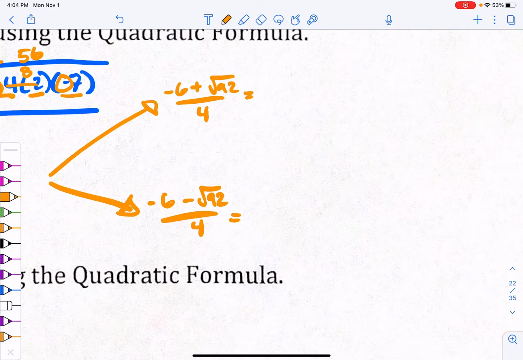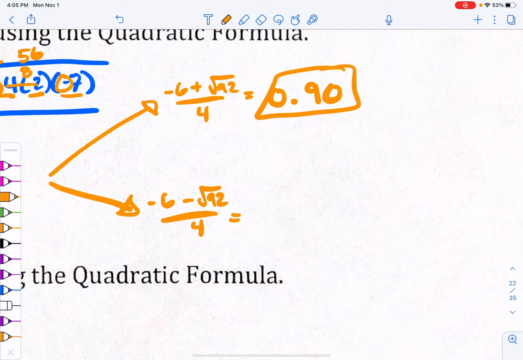Okay, and so I'm going to show you what those two answers look like if I type them into my calculator. I have -6 plus the square root of 92 and divide that by 4. Let's do this. -6 plus the square root of 92 all over 4. Okay, and that ends up being 0.90 abouts.